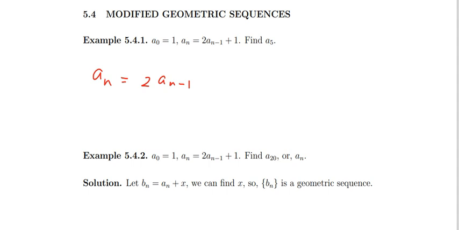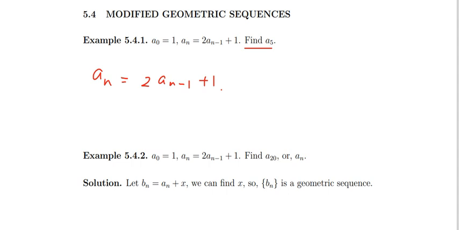Now suppose we change it a little bit, suppose we add 1. Sometimes we need to find the formula. For this problem it is easy, we just find a few of them.